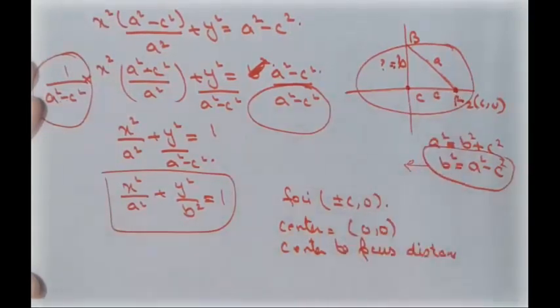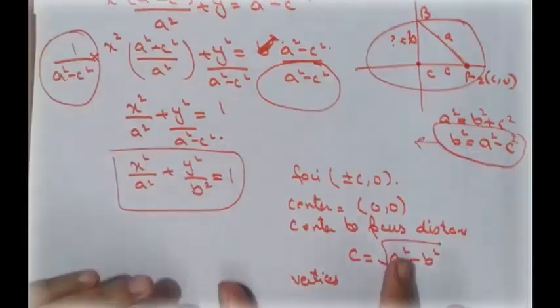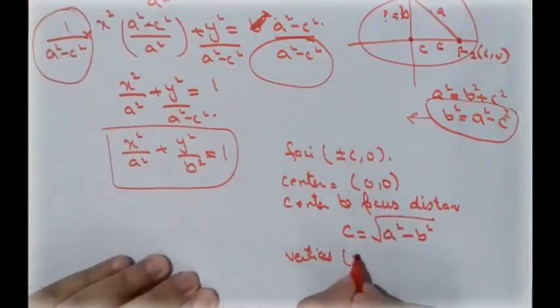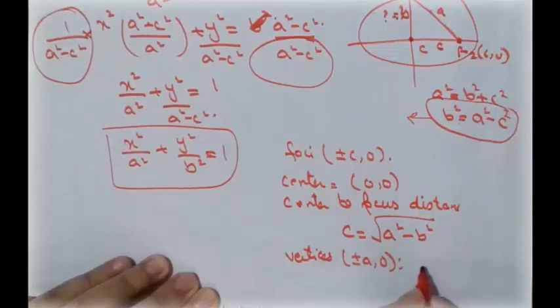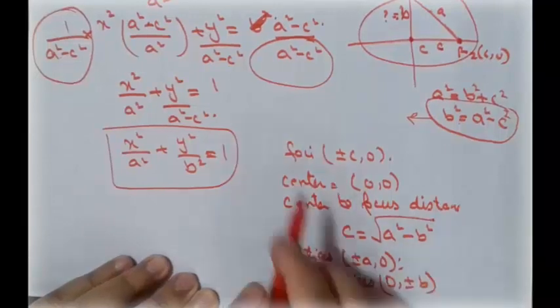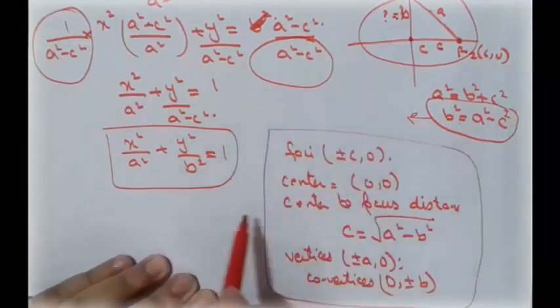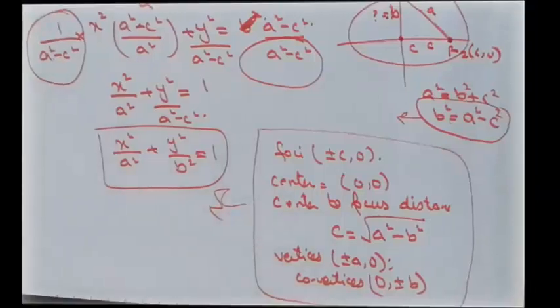So by using this formula, we find the value of c, which equals the square root of a square minus b square. And we will find the vertices as well, which are plus minus a, 0, and co-vertices as well, which are 0, plus minus b. So we will derive all these equations and this final equation over here.